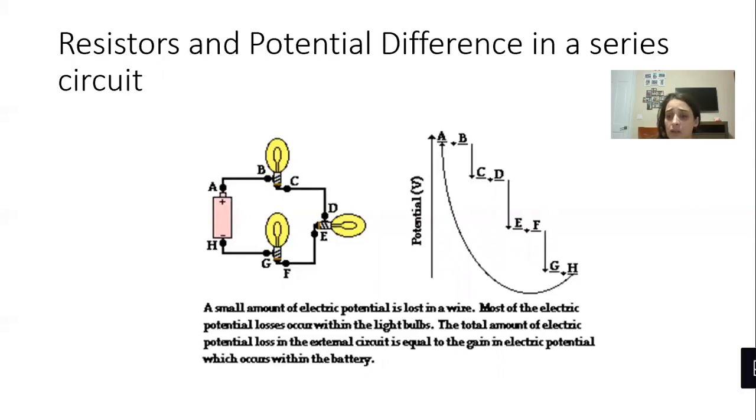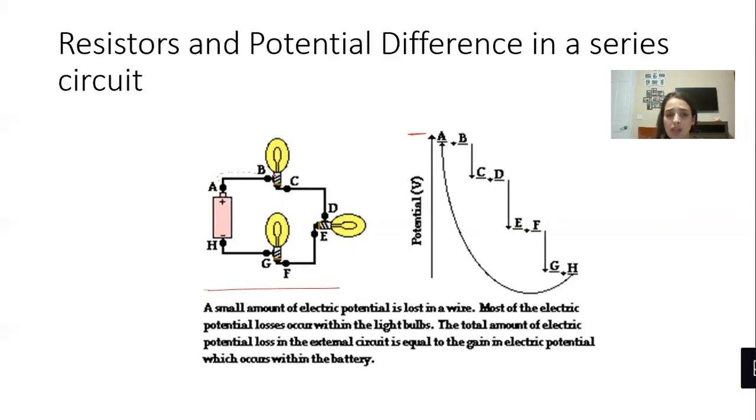Here I want to give you another visual representation of that. It compares the circuit with three light bulbs to steps. The potential provided by the battery raises the charge all the way up to this top part here. Then as my charge goes from point A to point B, it's basically just going in a straight line.